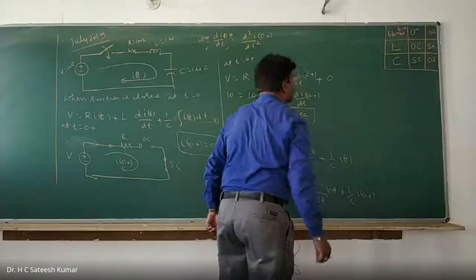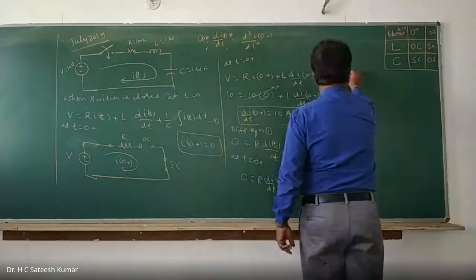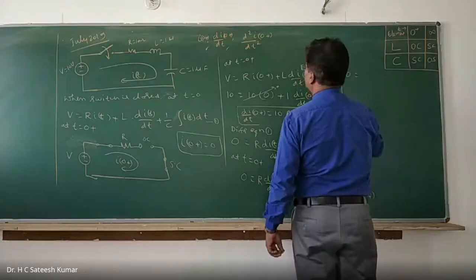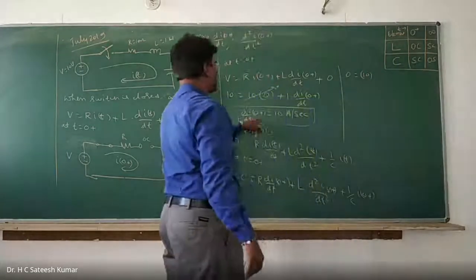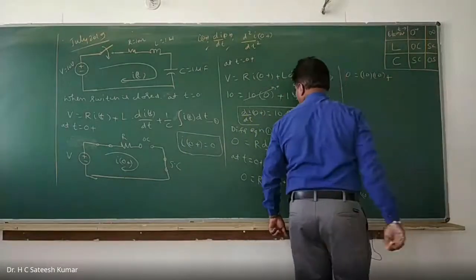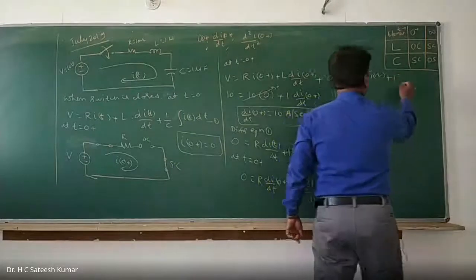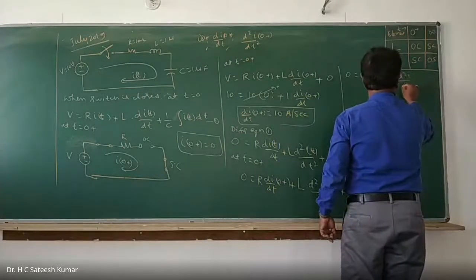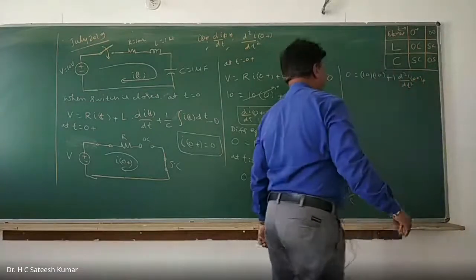Substitute for all of them. 0 is equal to R, which is 10, into di by dt 0 plus. So di by dt 0 plus is 10. Plus L, which is 1 Henry, into d squared I divided by dt square 0 plus.